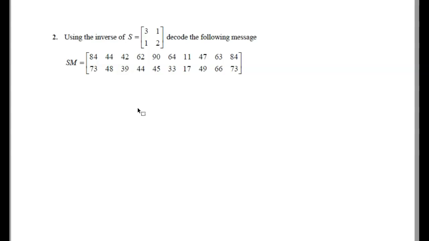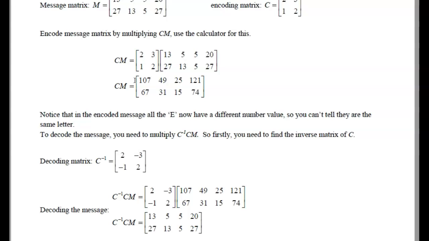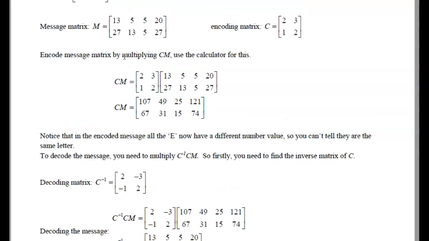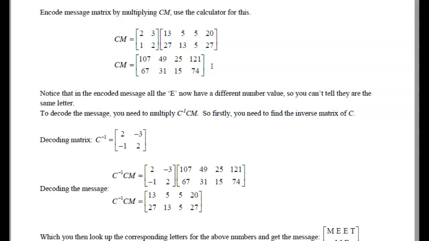So if you can see, none of these numbers is repeated. Well, there's 2 44s, but it's not corresponding to the same letter. Okay, so if we go back to this previous example, the meet me, the coded message, the CM, you can see the 2 E's are not the same. So, you know, you can kind of be sneaky like that.